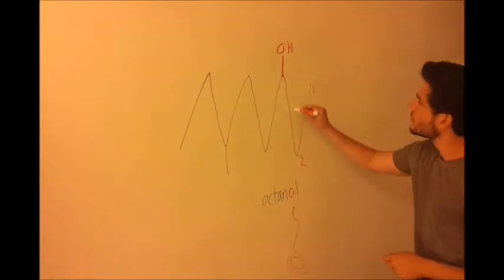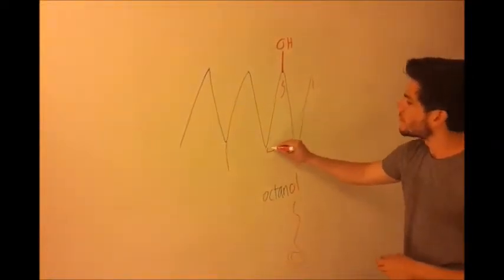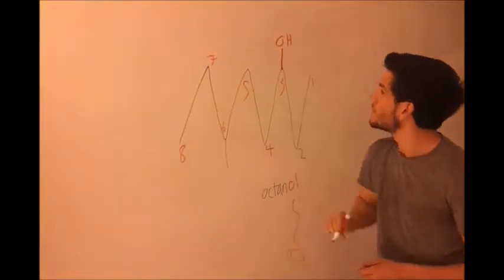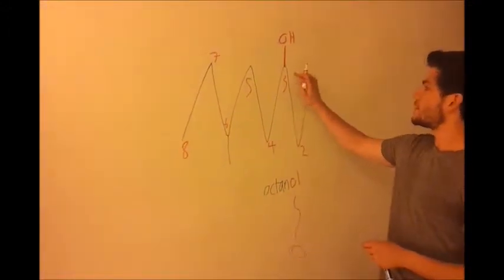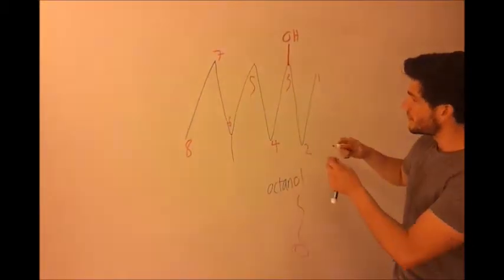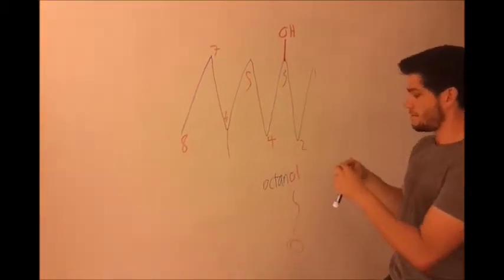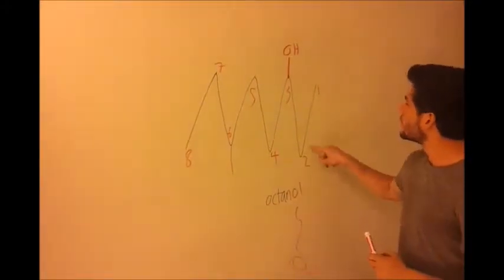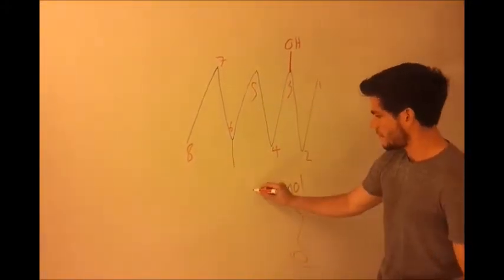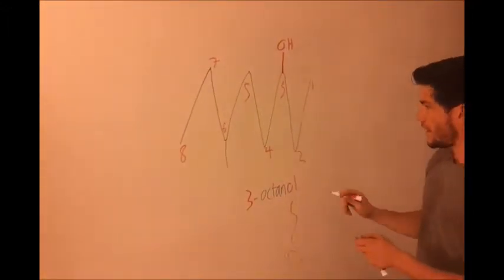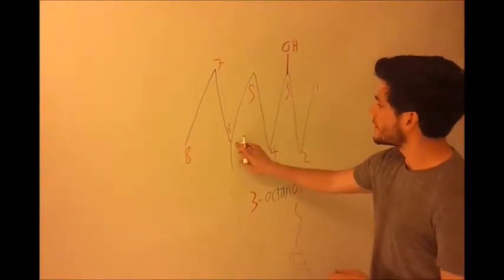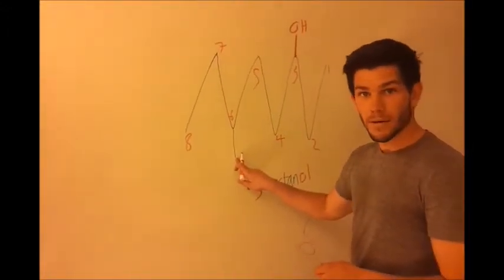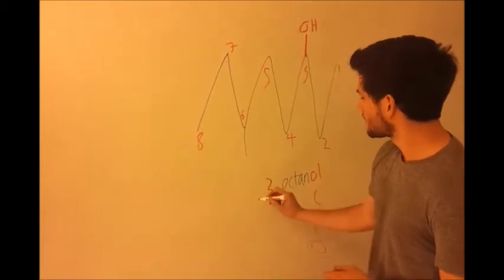1, 2, 3, 4, 5, 6, 7, 8. The parent chain is the chain that contains the hydroxyl group and the most carbons in it. In this case, it's 1, 2, 3-octanol with a substituent located on the 6th carbon of the chain, and it contains only 1 carbon, so it's methyl.